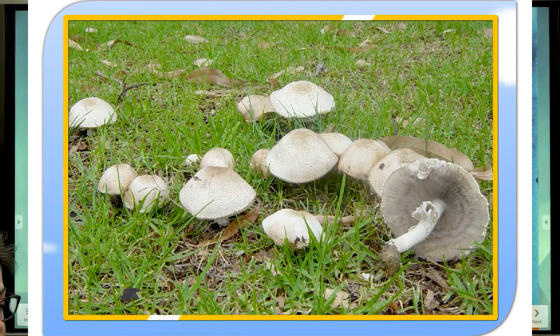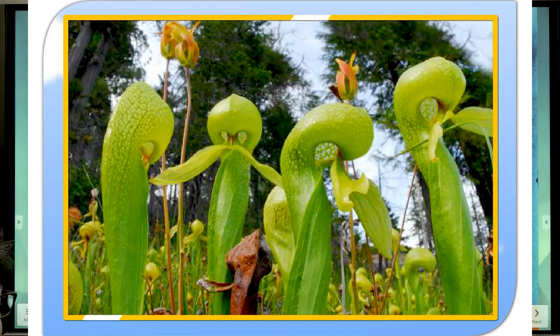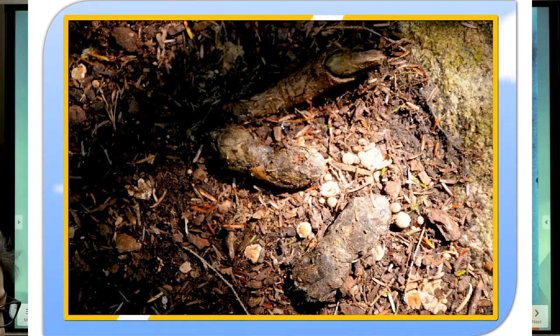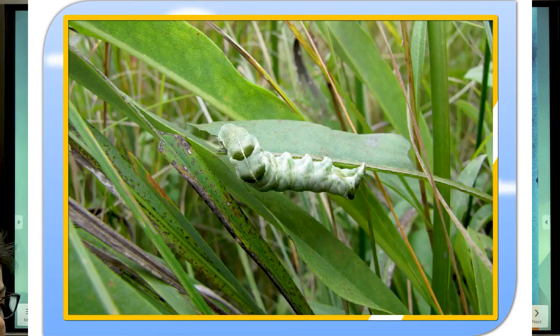Non-green plants like mushroom and bread molds obtain their food from dead and decaying plants and animals. They are called saprophytes and they exhibit saprophytic nutrition. The mode of nutrition in which organisms obtain food from dead and decaying plants or animal matter is called saprophytic nutrition.